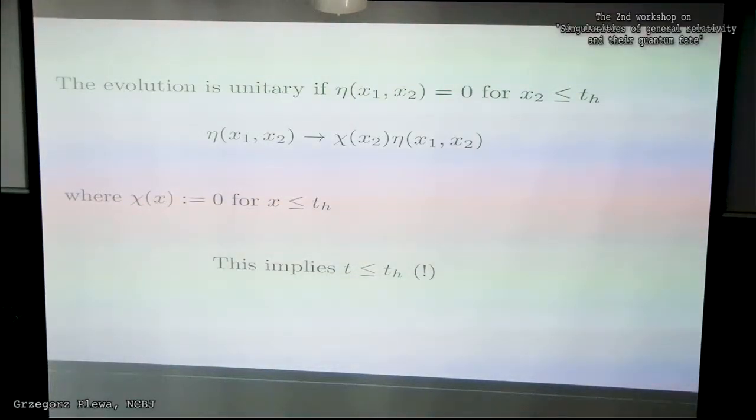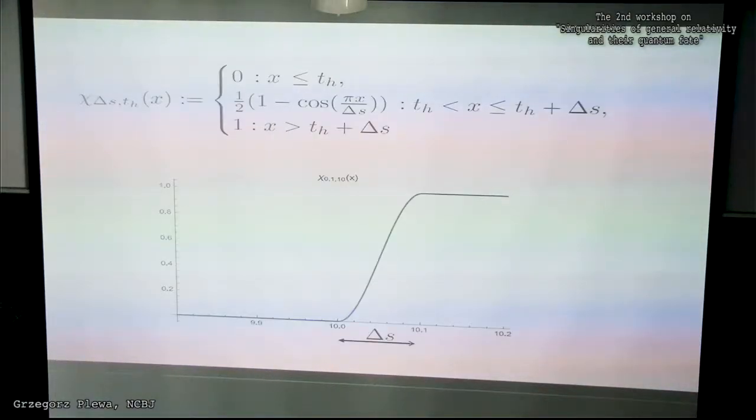So we start with t equals 0 and then continue the evolution to th. And now in practice, this modification can be constructed simply by a quasi-step function which is continuous and equals 0 if the argument is smaller than a fixed value, 1 if x is greater than th plus some additional parameter delta s, while in the transition region this function is approximated simply by a cosine function.